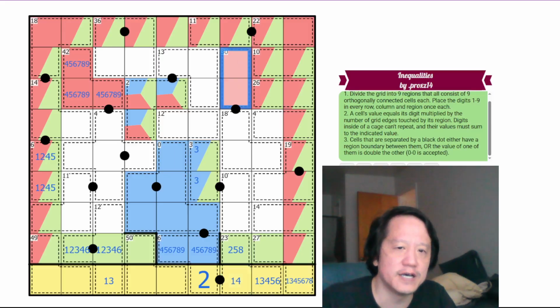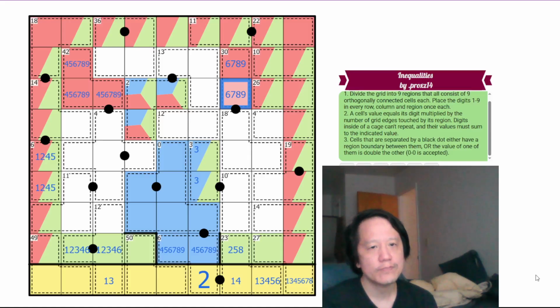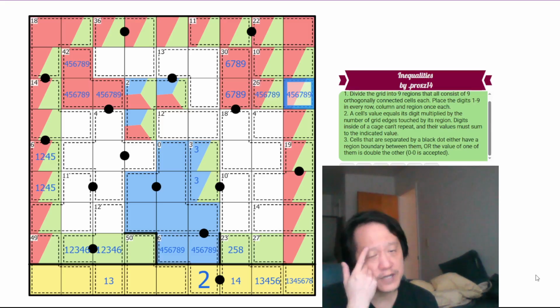This must add up to 15, so we have 6, 7, 8, 9 as possibilities there. Again, this adds up to 21. 26 can be either 13 times 2, so this is 4 through 9, or it could be 9 with 8 there.